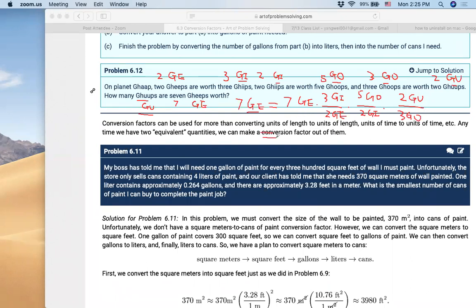Then you simplify this, this 2 cancels out. Now let's see, this 3 and this 3 cancel out. So that would be 35 divided by 2, right? 17.5 GU, right? That's 17.5.